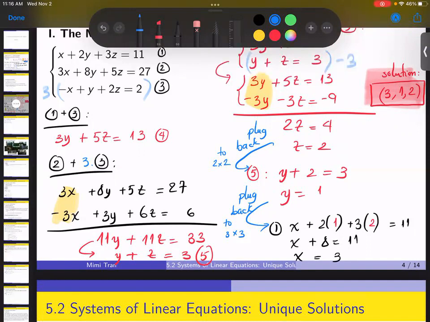Kristen. So right here you're adding these, that's 3 plus 12.